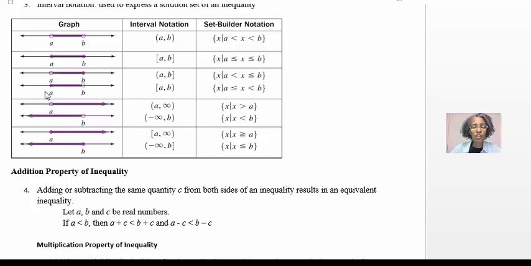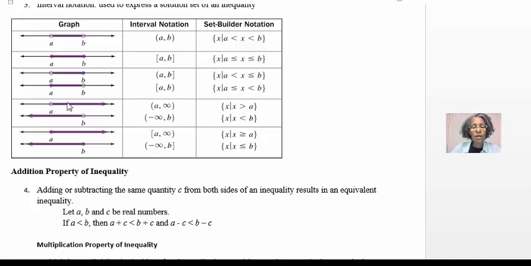Here we have a similar situation, but we are now including A and not including B. Open circle above B on the number line, closed circle above A, bracket beside A, parenthesis beside B since B is not included and A is included. A is less than or equal to x and x is less than B.